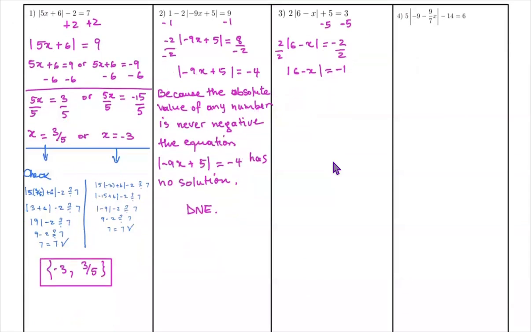Now we're going to try to solve it by creating the two equations. 6 minus x equals -1, or 6 minus x equals 1. Now we're going to subtract 6 on both sides. You get -x equals -7, or x equals 7. Subtract 6 on both sides. -x equals -5, x equals 5.